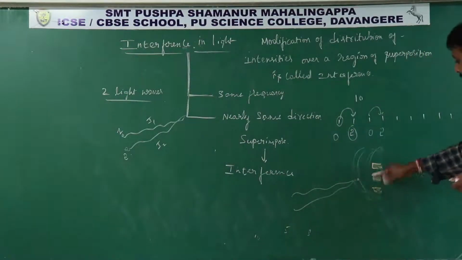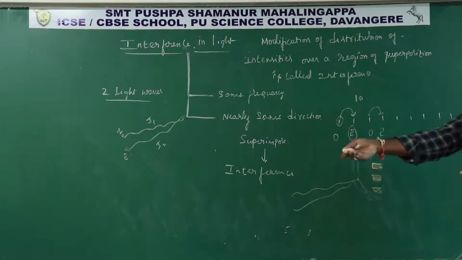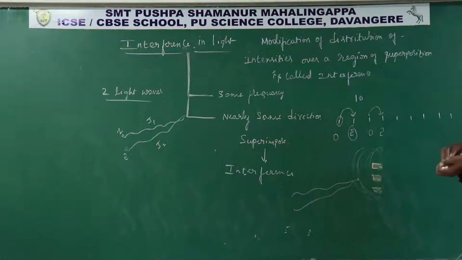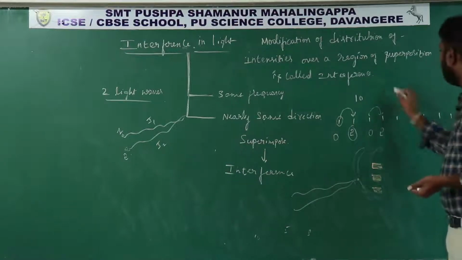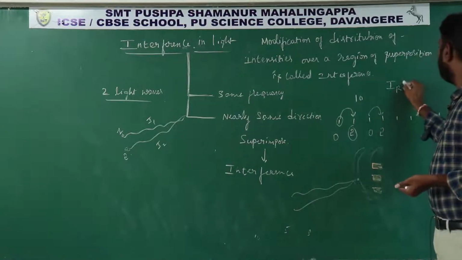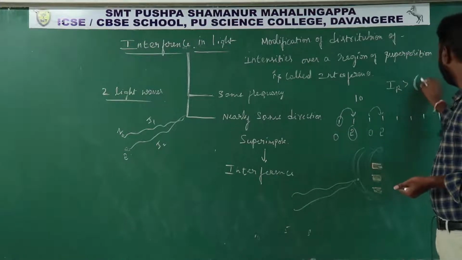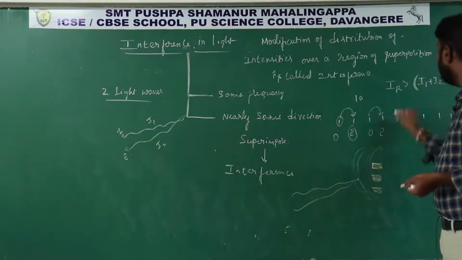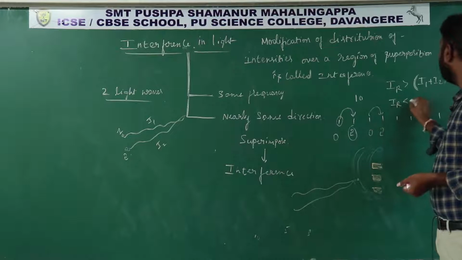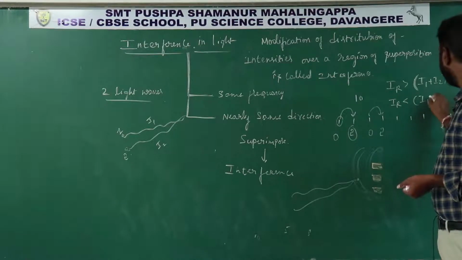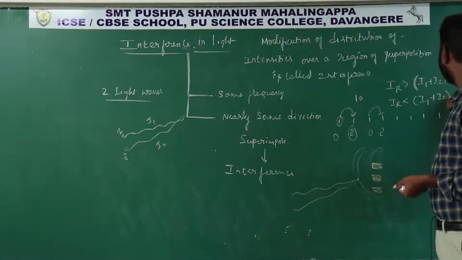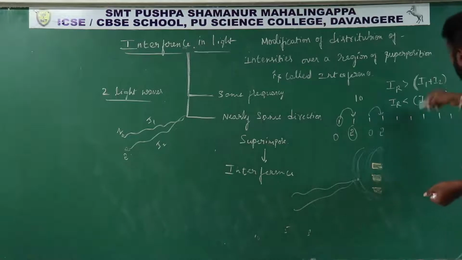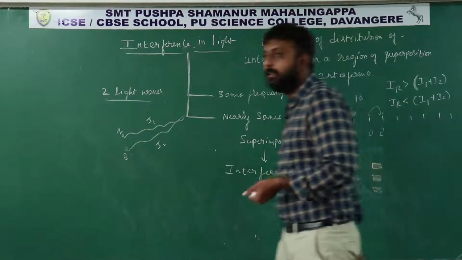Okay, that intensity will redistribute. Somewhere there will be a bright, somewhere there will be a dark, and you can say that the resultant intensity may be great. Somewhere the resultant intensity is more than the sum of the intensities of light, or somewhere it is less than the sum of the intensities of light.